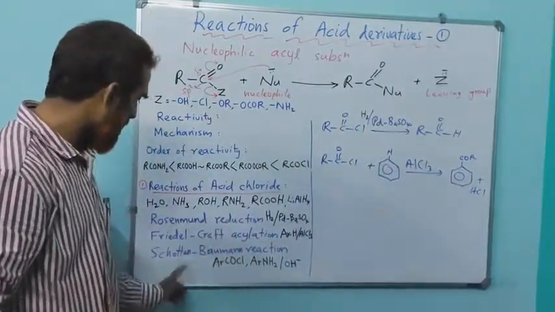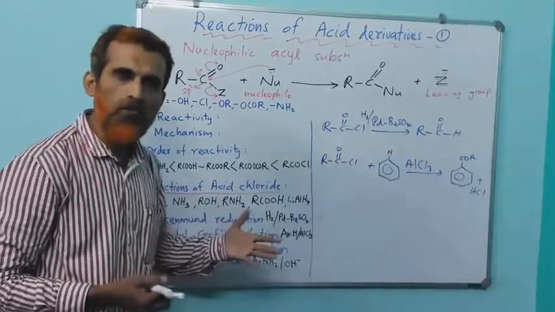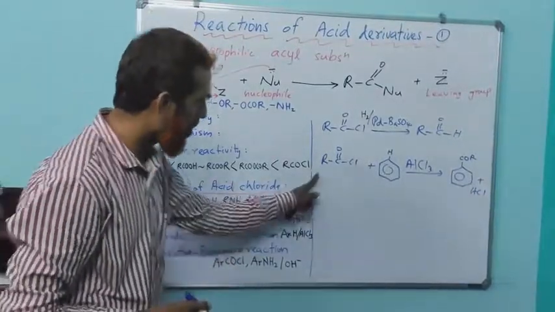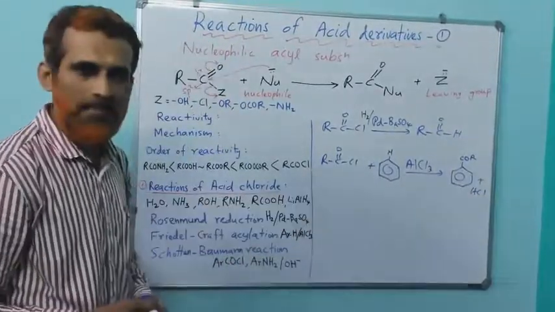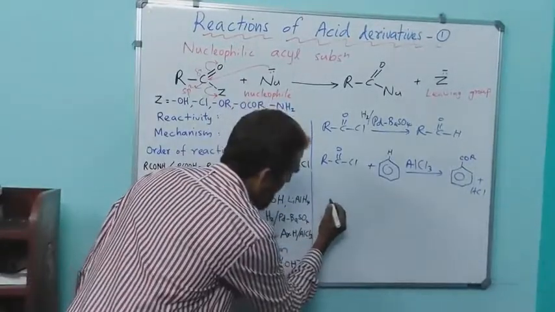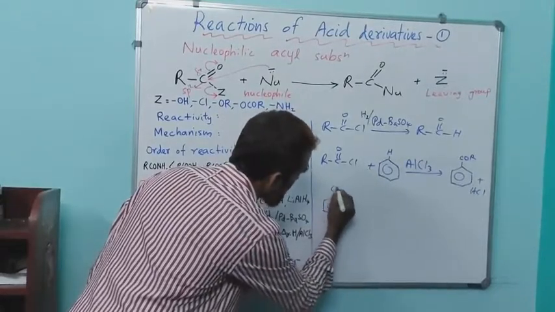And finally, Schotten-Baumann reaction. This is a special case of acylation reaction. Here you have to use not an aliphatic acid chloride. The difference here is you are using an aromatic acid chloride, for example, benzoyl chloride, C6H5COCl.